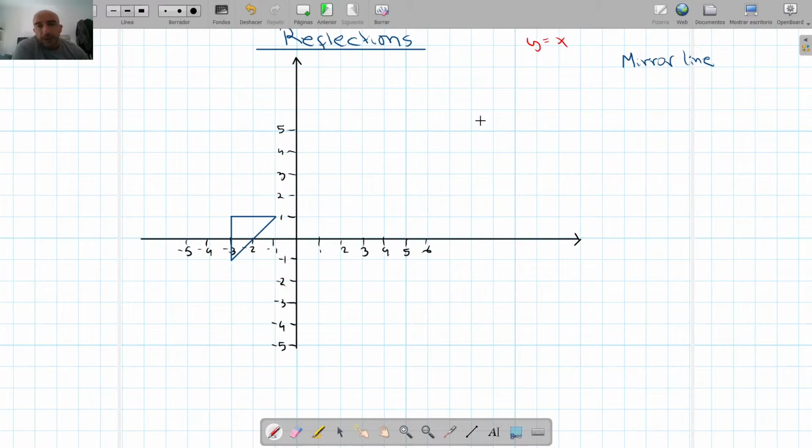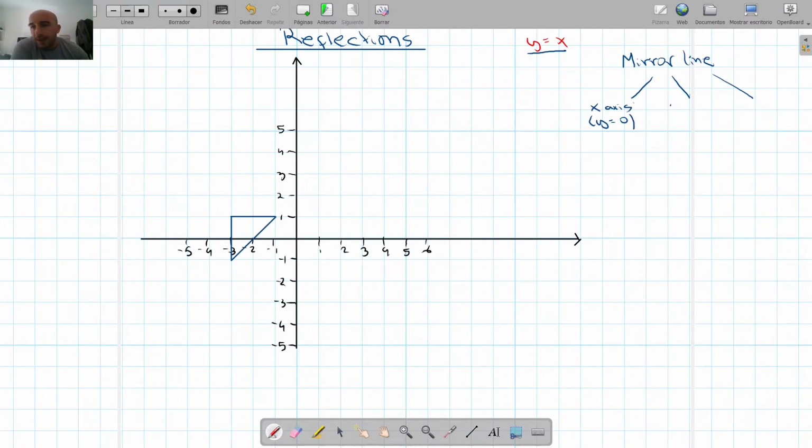We're given a figure and a mirror line, which is the straight line y equals x. Remember that the mirror line can be one of three. It can be the x-axis, which has y equals 0 as its equation.